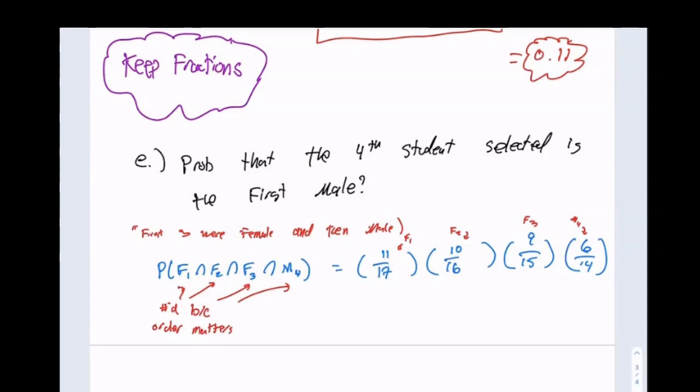All right, so that's my answer, which gives me, let me see, parentheses, 11 over 17, close parentheses, open parentheses, 10 divided by 16, close parentheses, open parentheses, 9 divided by 15, close parentheses, 6 divided by 14, close parentheses, enter. No. Okay, I am not good on these calculators.